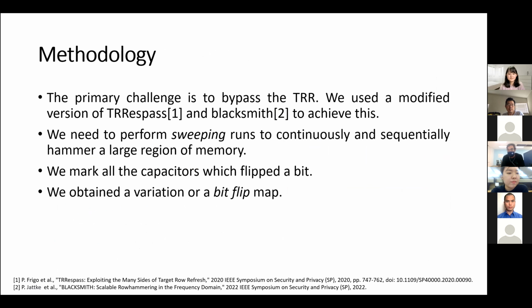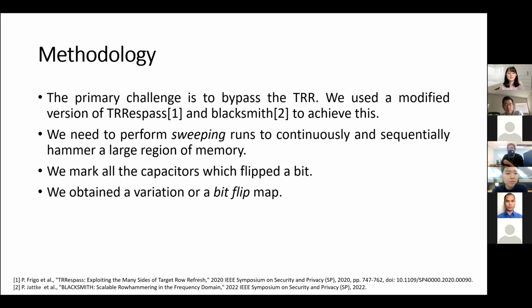As we have mentioned, the first objective that we have is to bypass the TRR mechanism. There are two recent articles, TRRespass and Blacksmith, which do that. The concept behind it is that there must be a finite number of counters to keep track of rows in the TRR mechanism. So the authors of these papers introduced the notion of decoy rows.